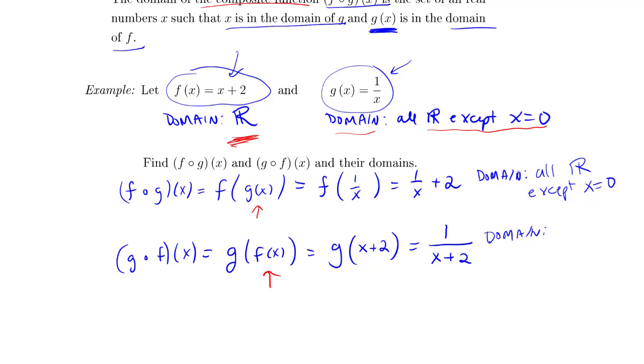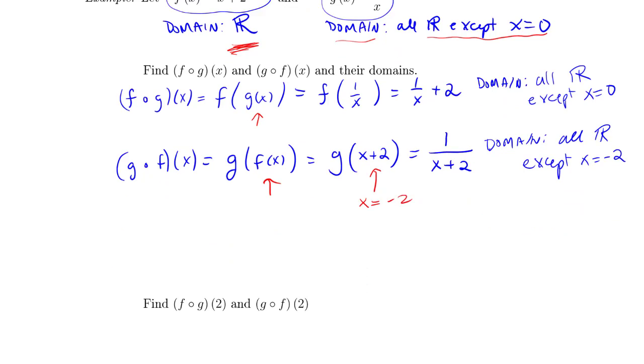You would put 0 into g when x plus 2 is 0, or in other words, when x is negative 2. So negative 2 is the x value that can't go in. It can't go into the whole composite function because it would give 0 to go into g, which is no good. So here, the domain is all real numbers except x equals negative 2.